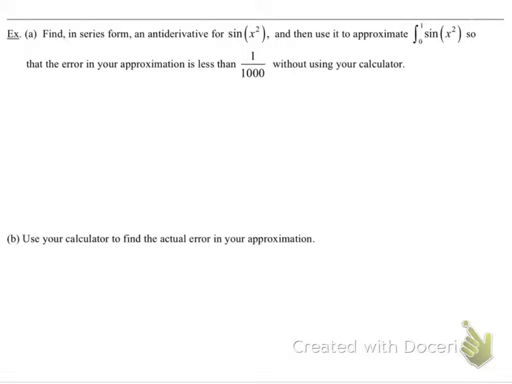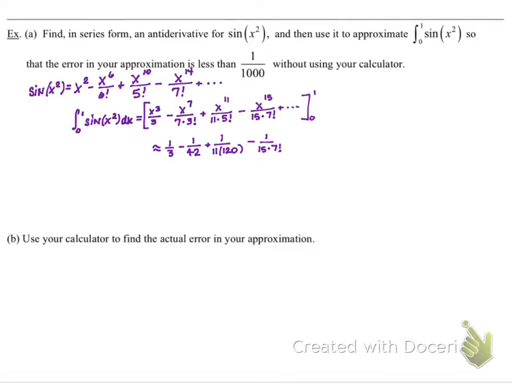Okay, now we're going to find in series form an antiderivative for sine x squared and then use it to approximate the integral from 0 to 1 of sine x squared so that the error in your approximation is less than 1/1000th without using your calculator. Okay, here are your calculations leading up to your approximation. Notice that I did put in the numbers 42 and 120.